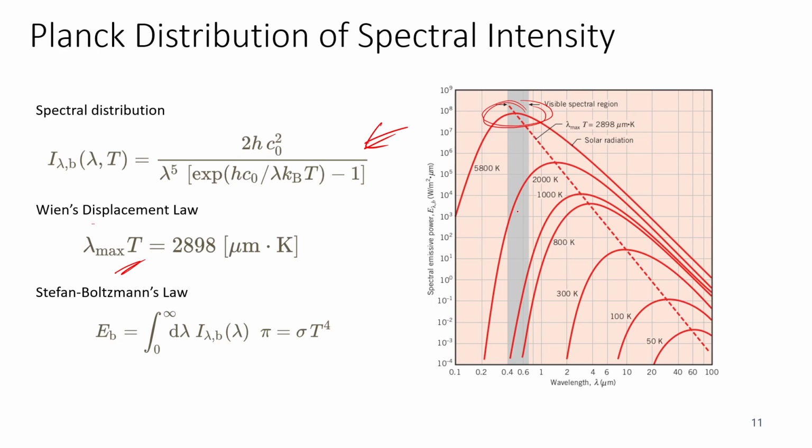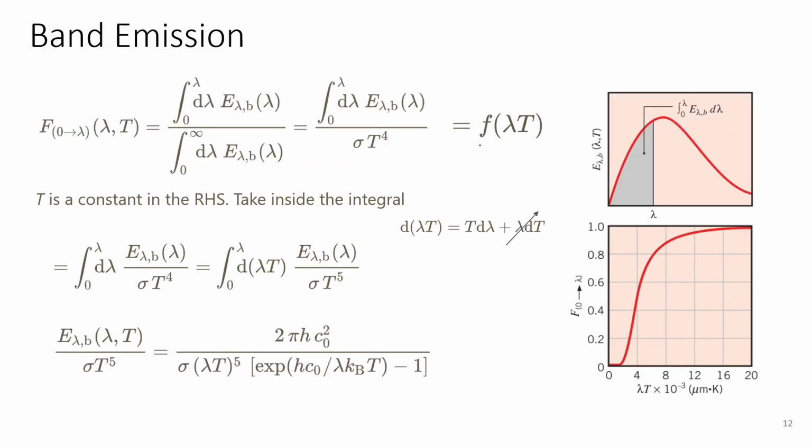That will give us the band emission, and on the basis of that, we can derive the fraction f of 0 to lambda, which states the fraction of energy emitted by that body in the range of 0 to lambda upon the total energy emitted across all the wavelengths. So this f of 0 to lambda will give us this ratio, and it will be a function of wavelength as well as temperature. Eventually we can derive all these equations.